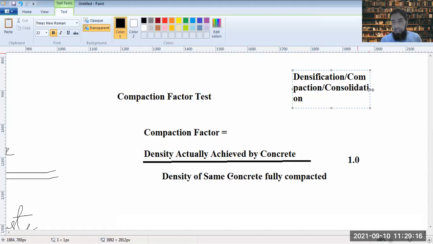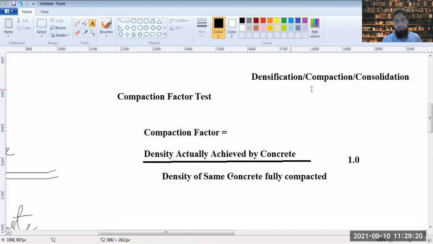These can be interrelated. Compaction, we usually say, removes the air voids, and consolidation also removes the water. There might be a slight difference, but usually in this case we use them interchangeably.